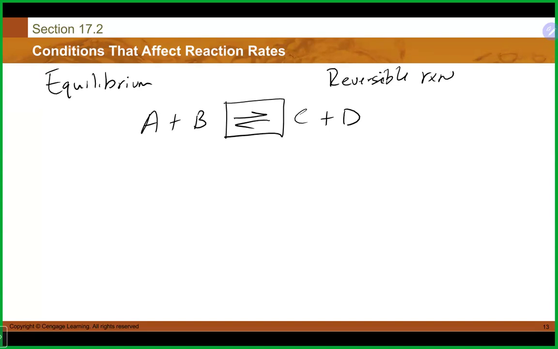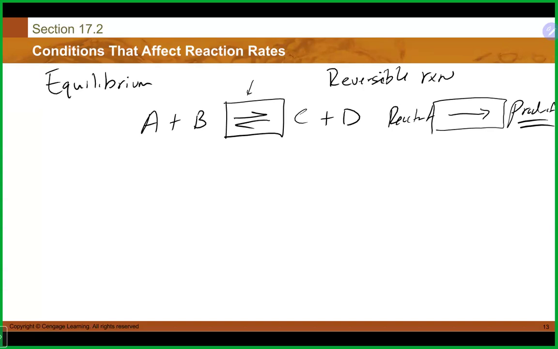And what that means is in these type of reactions, unlike one-way reactions where you see a one-way arrow, these are basically a two-way street. If you see an equation with a one-way arrow, it's like a one-way street where reactants are definitely all going to just drop out and make products. And that's pretty much it. We're just going to make products. Nobody is going back in the other direction.